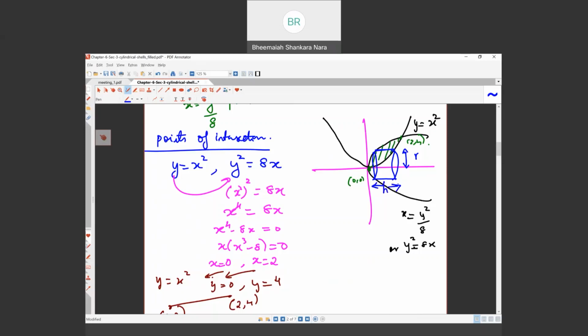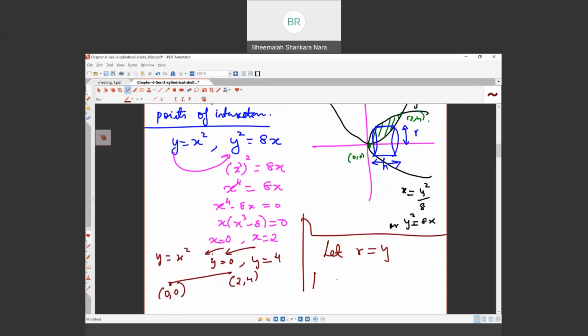So this distance is h and the radius will be r for this geometrical solid. Let r equal y, and we want to find the height h, which is right minus left in this case.